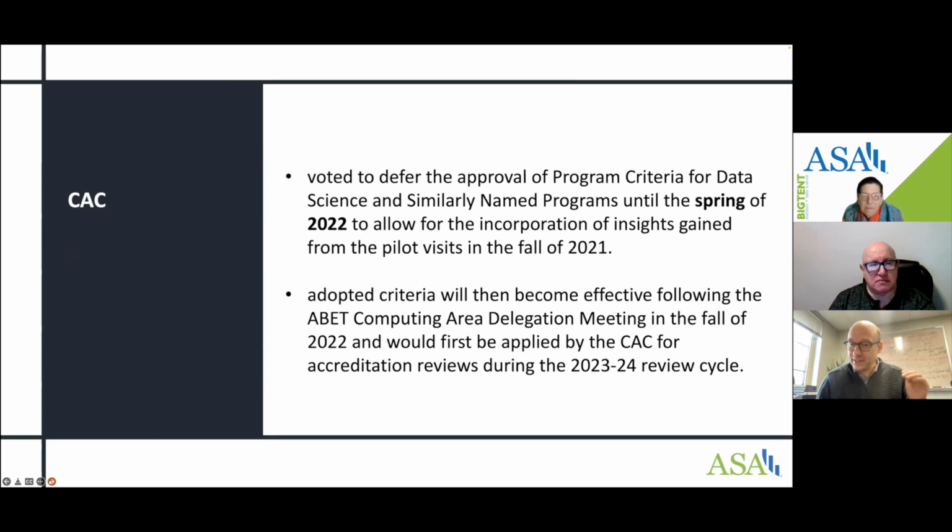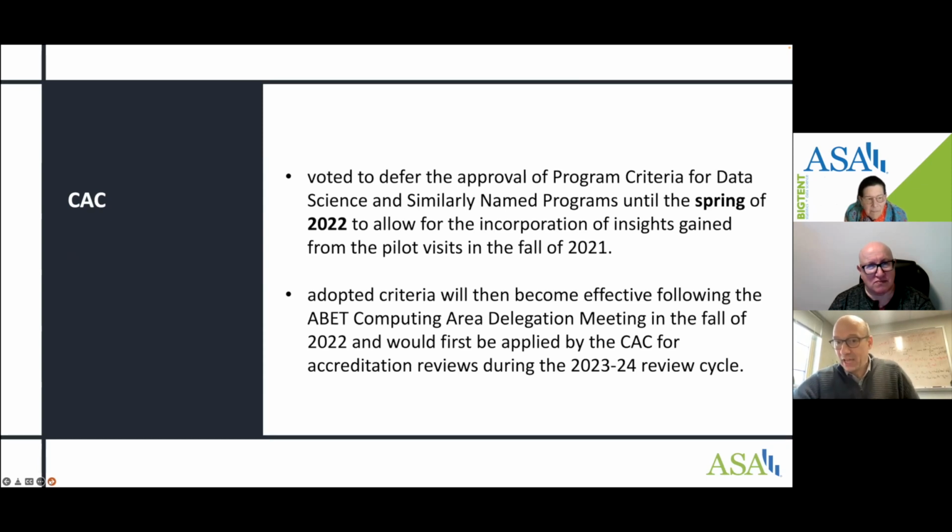So the CAC, or Computing Accreditation Criteria, the computing folks, have already advanced a set of data science criteria that will, if finally approved, first go into effect, I now think, as of the 2023-24 cycle.